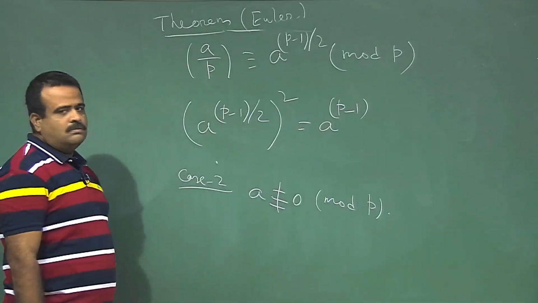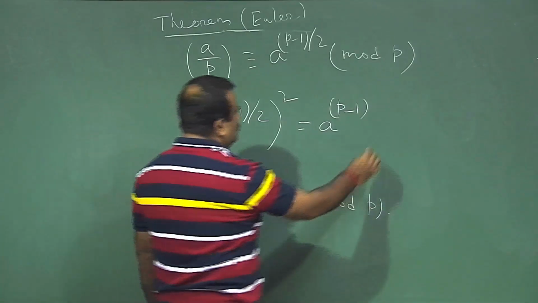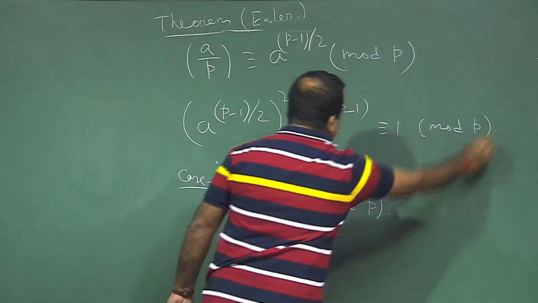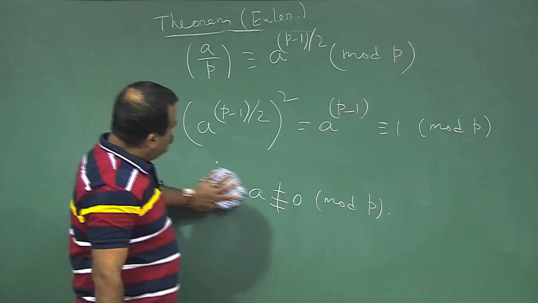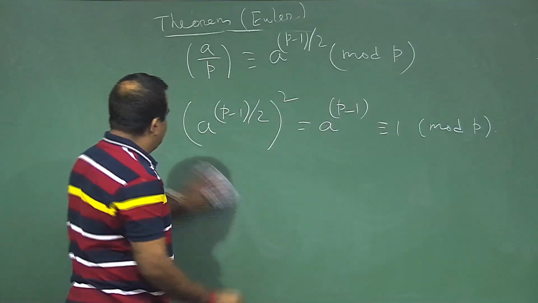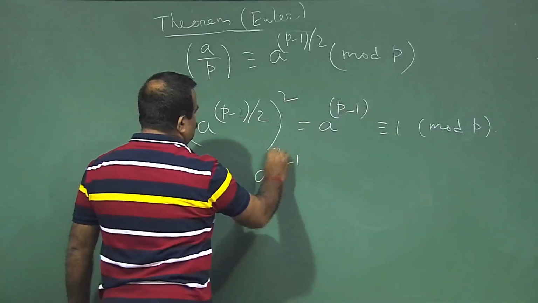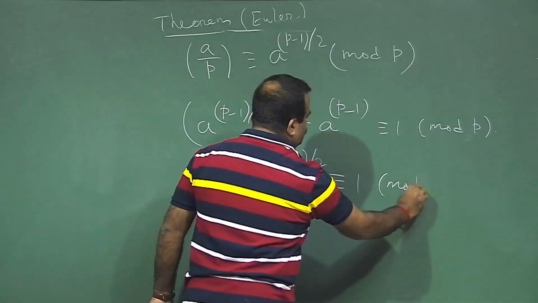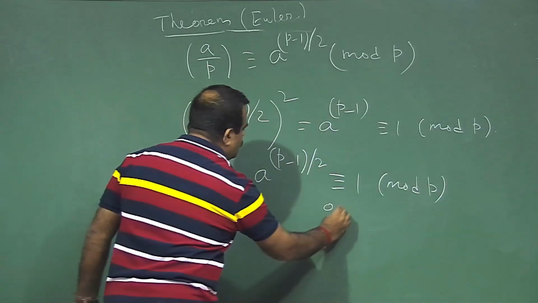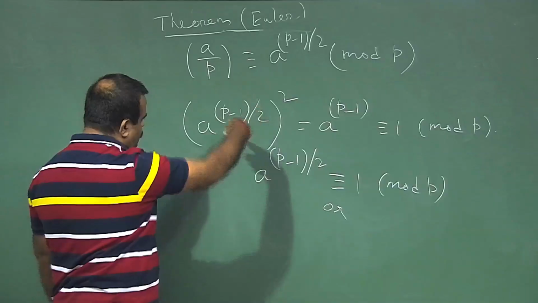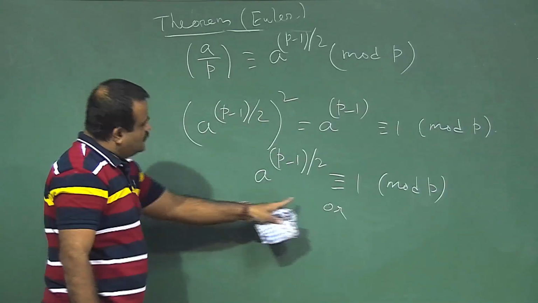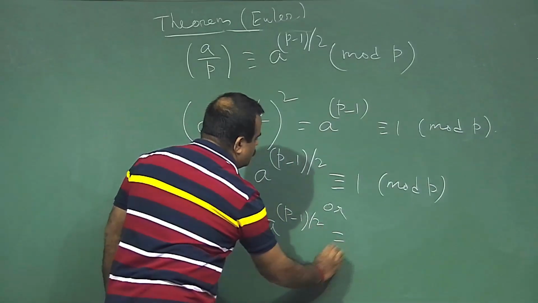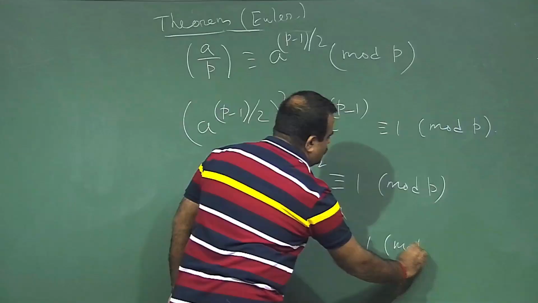Now, by Fermat's Little Theorem, this is congruent to 1 mod P. So, this is case 2. This implies that A to the power (P minus 1) by 2 is either 1 mod P, or, because the square of this is 1, it is minus 1 mod P.